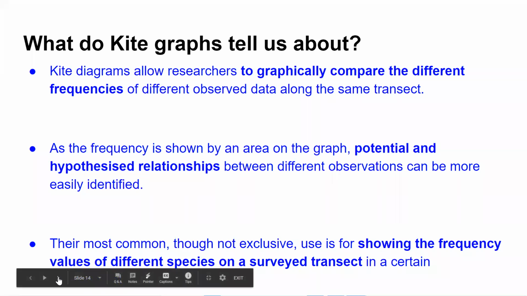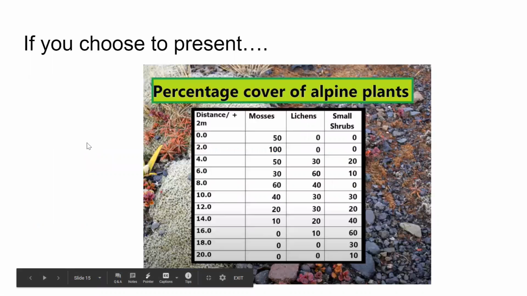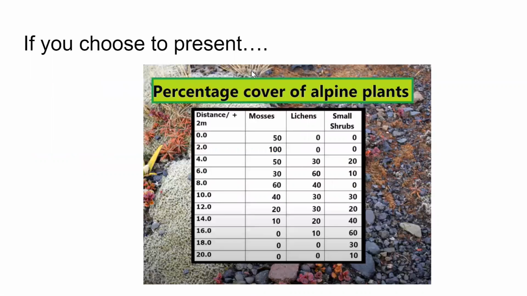I will now move to the next slide where I want to tell you that Mr. Darren could also do another type of kite diagram where you are not just plotting the frequency, you can also plot percentage cover of your 5 species of those alpine plants. So basically what I'm trying to say over here is when you're drawing a kite graph, the kite graph can tell you how many individuals of your species were there.